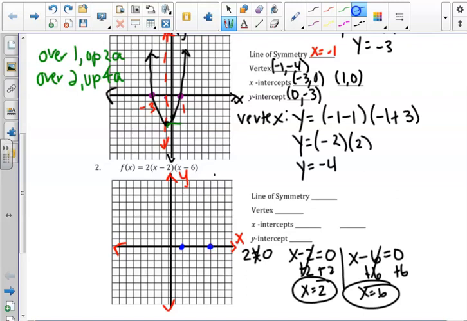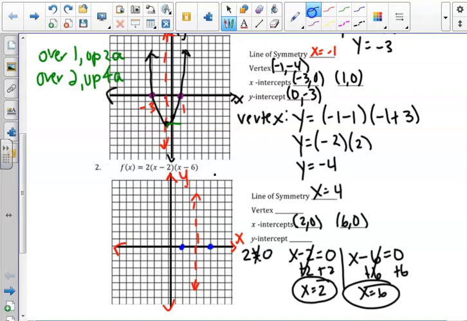So our x-intercepts are the coordinate points (2, 0) and (6, 0). Recall the line of symmetry is right in the middle, so the line of symmetry here should be the line x equals 4, which would be right in the middle, as we can see visually, between my x-intercepts.